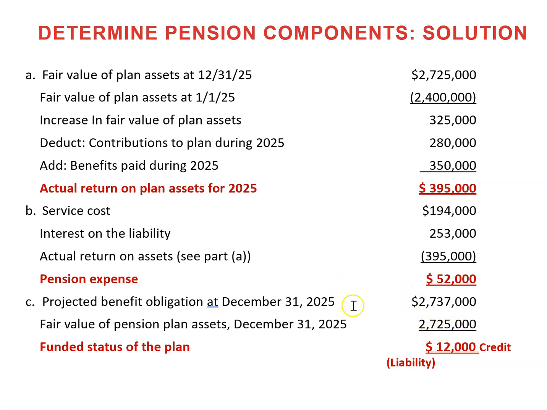If we compare this obligation, or liability, versus the asset, we see that the PBO amount is higher. PBO, or liability, is greater than the fair value of the asset, and the difference is 12,000. Since the liability part is higher, we will call it underfunded, and the company will show it on their balance sheet as pension liabilities, of course on the liability side.